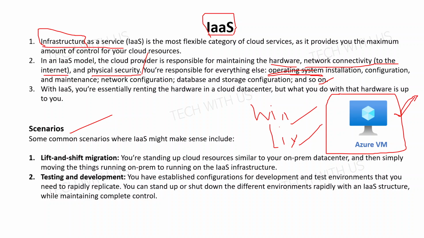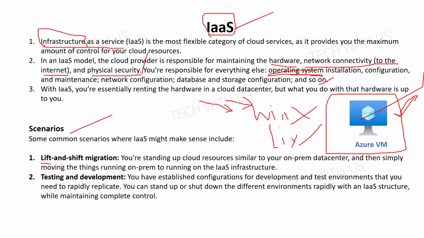You are choosing the platform here; Azure will not choose any platform. In PaaS services it is not like that. If you want to create an app, the OS under it will be chosen by the Azure side. So you can think of IaaS as Azure VM, because we choose the OS we need to install.